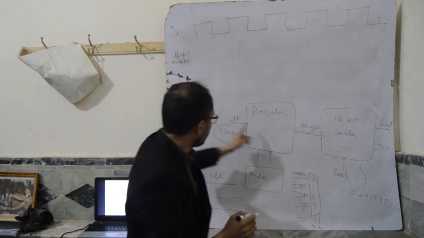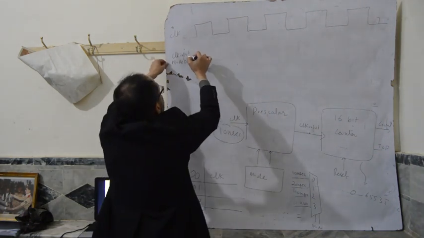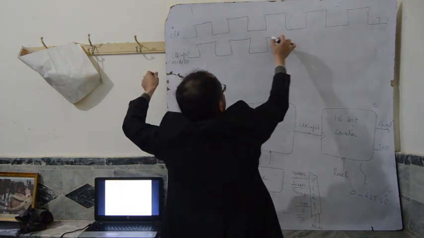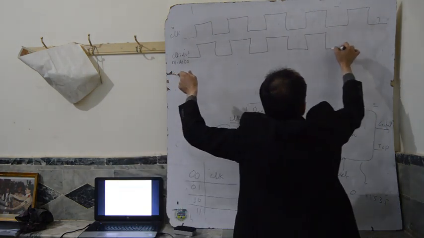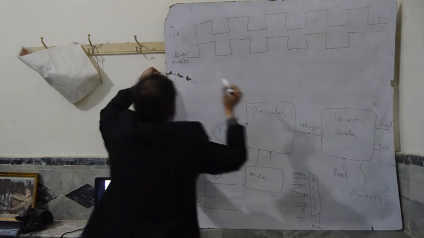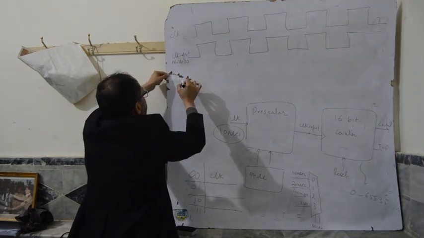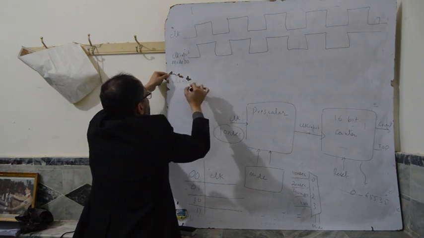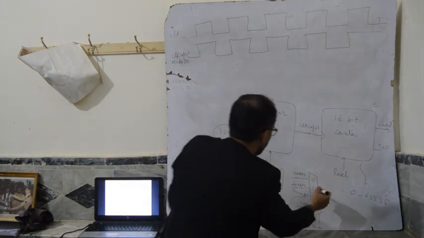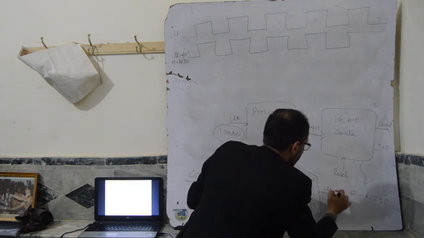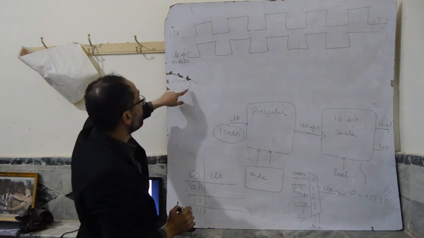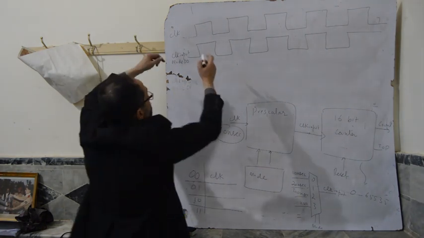In mode 00, it will use the same clock. And the clock input in mode 01, mode 1: it will divide the clock by 2.